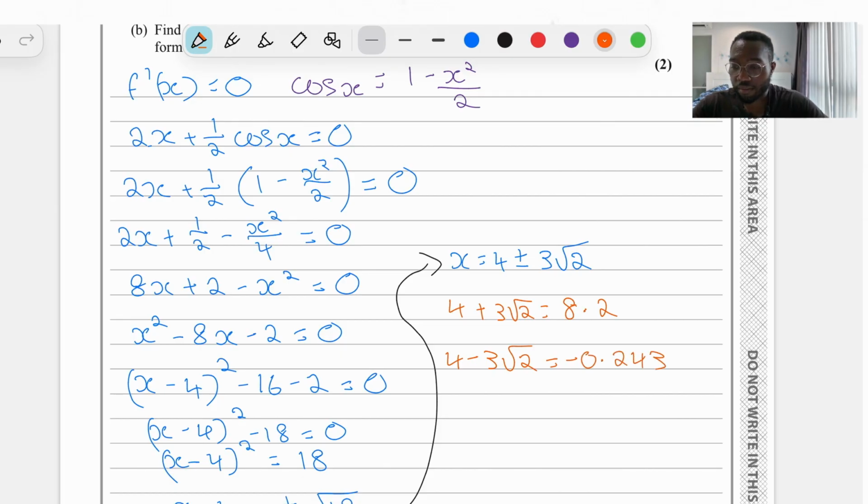So as you can see, that one is close to 0, it's small, it's the smallest value. Therefore, in this question, alpha would be equal to minus 0.243. The question wants it to 3 decimal places, and that is what we have given.